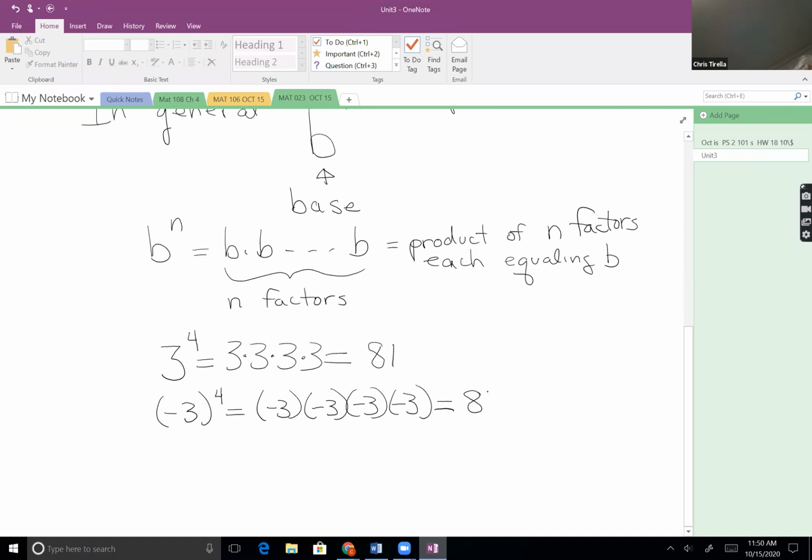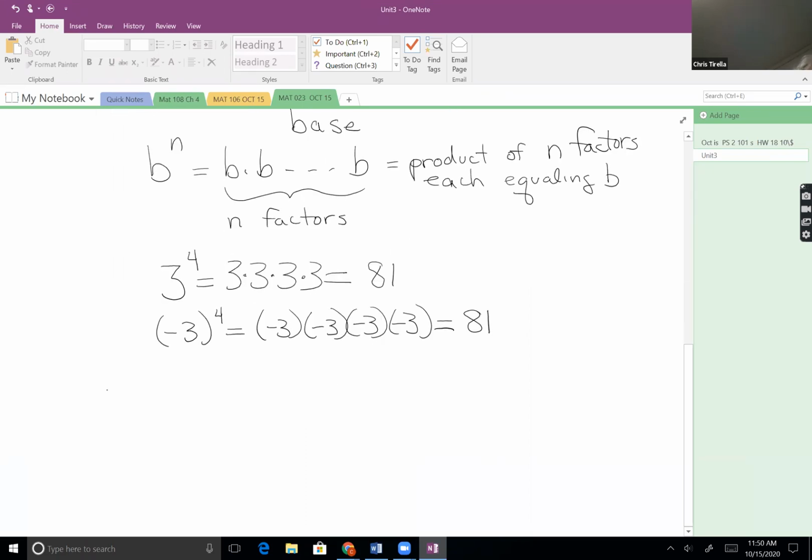That should give me positive 81. Is there anybody, when you typed in negative 3 to the 4th, that gave you instead an answer of negative 81? Nope.